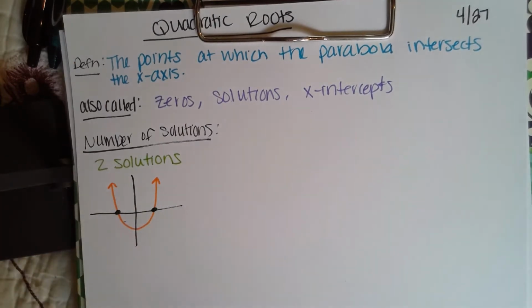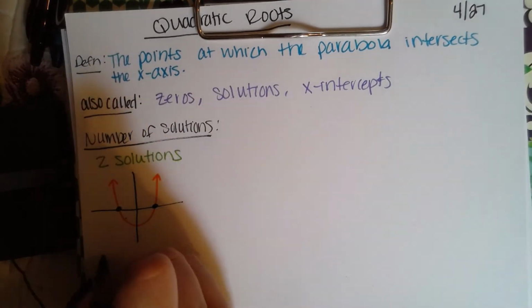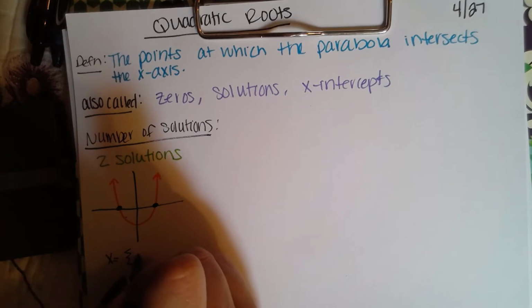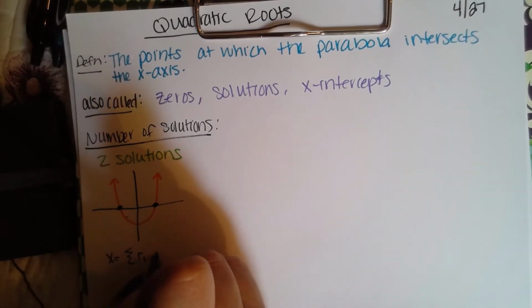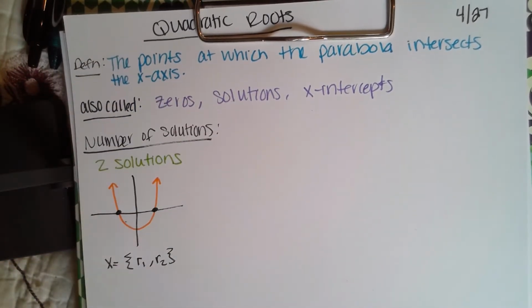All right. Now, you can have up to 2, but you can also have only 1 solution. A graph that has 1 solution, and remember this is just one example of the way a graph can look, is if we had this graph over here.